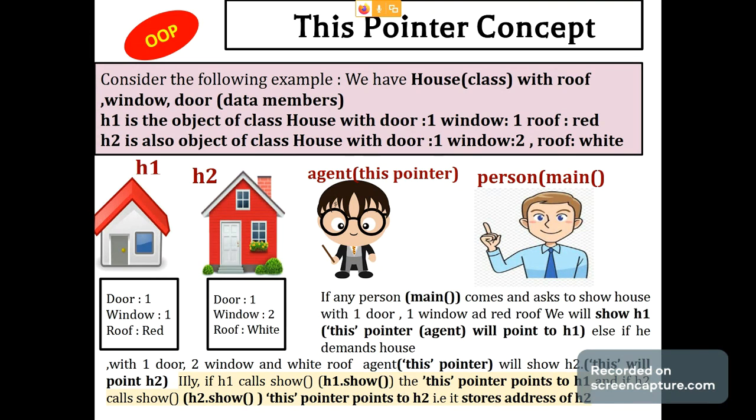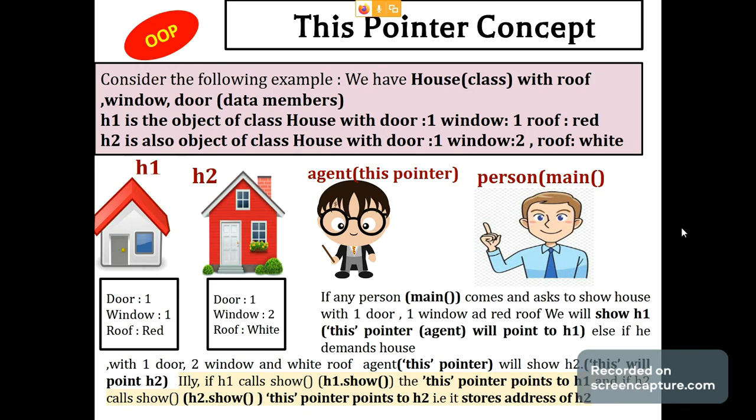Now the person, main, gets frustrated in h1, and says that he feels suffocated as it has just one window. He wants a house with two windows. So the agent, this pointer, makes the person point to h2, changes the address to h2, and then the agent goes to h2.